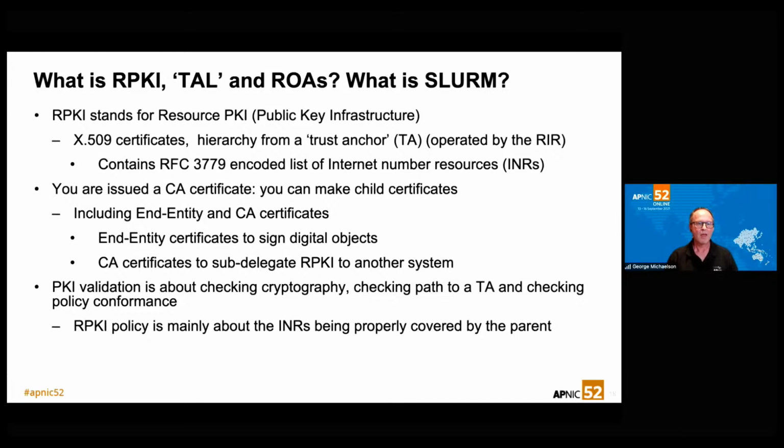So, the whole purpose of all PKI systems is to validate things, not to take them on trust, but to check the signatures you see are provable in a chain of signing back to a trust anchor, and to check all the policy conformance. So in our case, the current policy guidelines are about prefixes and AS numbers forming proper contained sets.